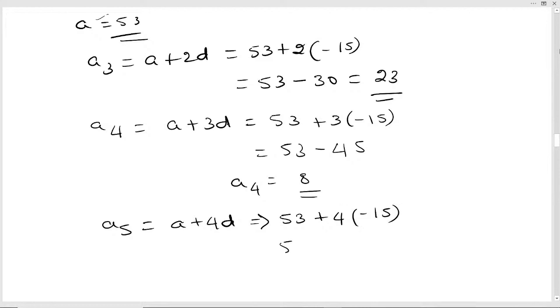So 53, plus into minus is minus, 15 4s are 60, correct? Now just subtract this and you will get the fifth term. So the fifth term will be minus 7. Now this is the problem, children. This is how we need to solve the problem.